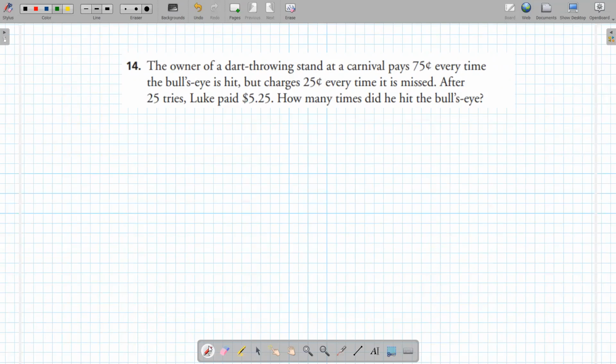After 25 tries, Luke paid $5.25. How many times did he hit the bullseye? For this question, it's very important to correctly identify what X and Y is. What do you think X and Y is in this question? If you have this, the question is in the bag.